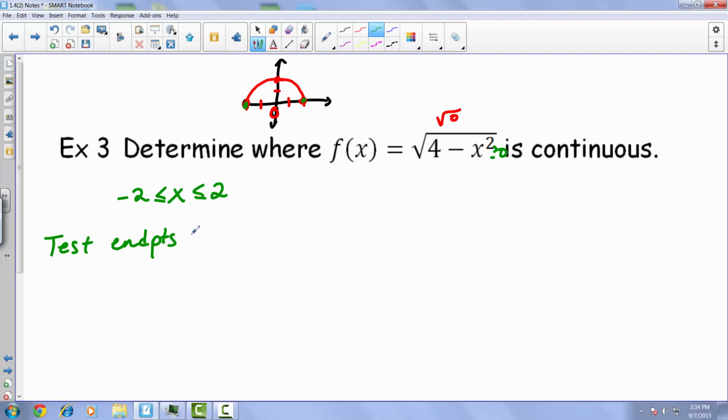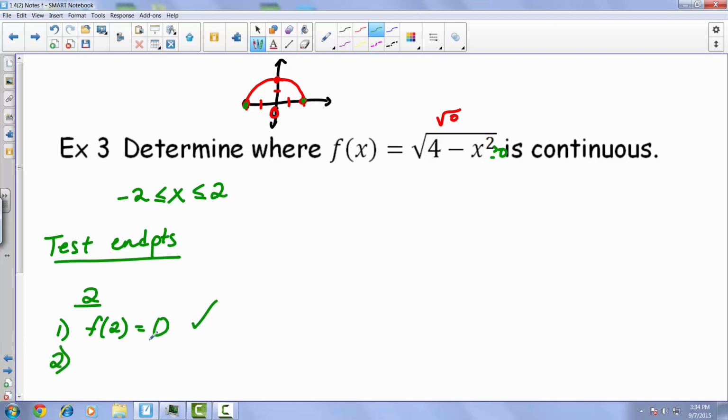We'll do 2 over here. Is that value 2 included in this interval? For our first criteria, does the function exist at 2? In other words, when you throw 2 into the function, does it exist? Yes, it does. We see that it's very clearly coming up with a y value of 0. So this does exist.